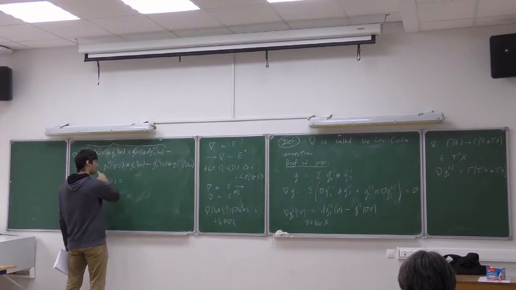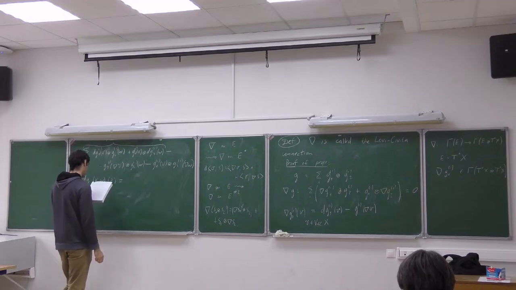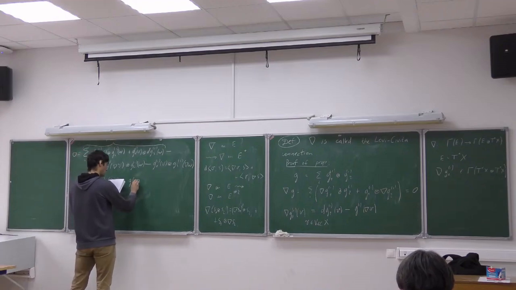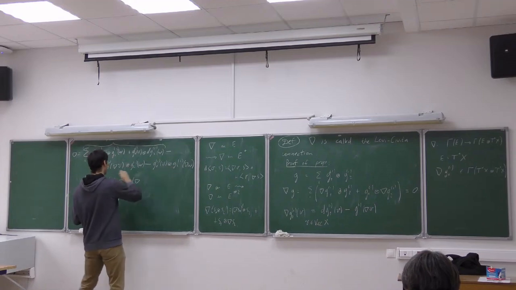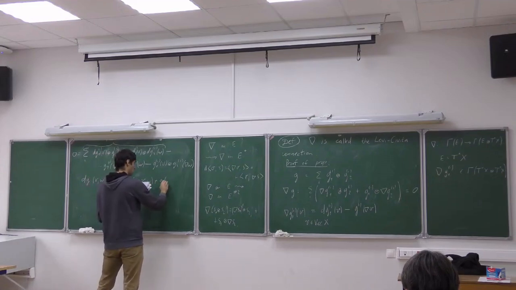And this equals, and what is this? This is exactly g of nabla V W plus g of V nabla W.